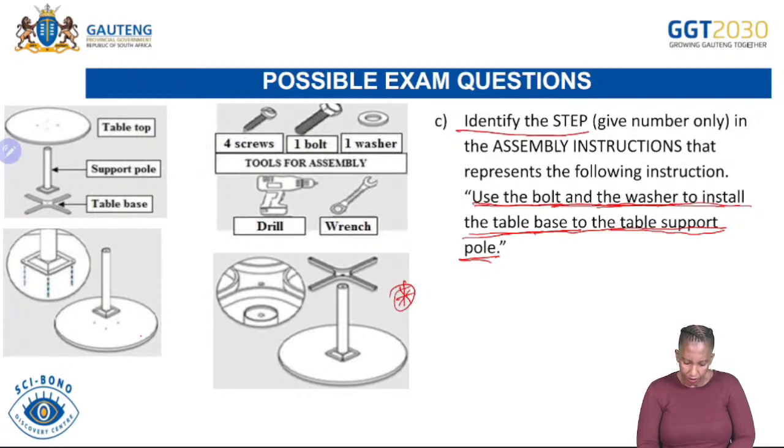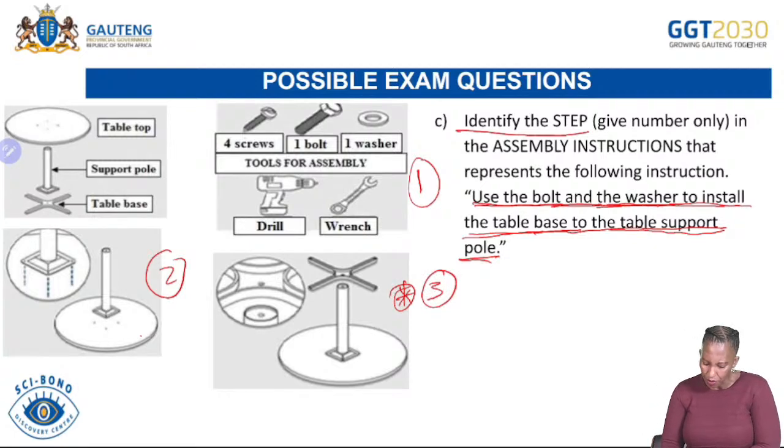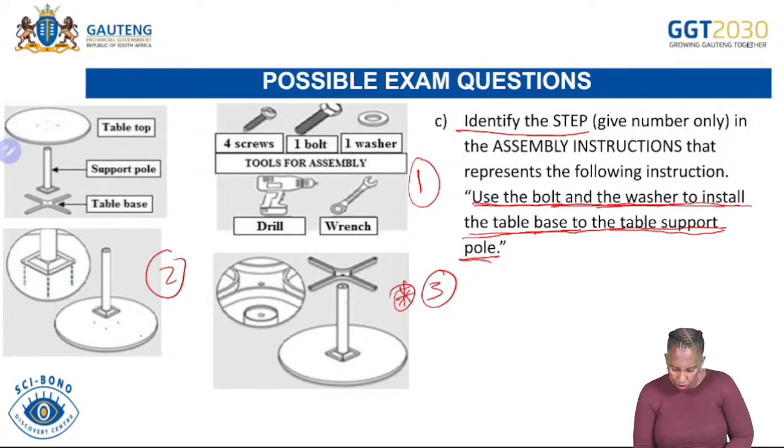Now looking at this, for me it will be this one. I know, boys and girls, because the numbers are not given here, we can say this is our step number 1, and then here it is our step number 2, and then this will be our step number 3. So that step will represent the entire thing that we see there. So now I can say to you, this step: use the bolt and the washer to install the table base to the table support pole. So where's the table base? This is the support, and then here's the table base.